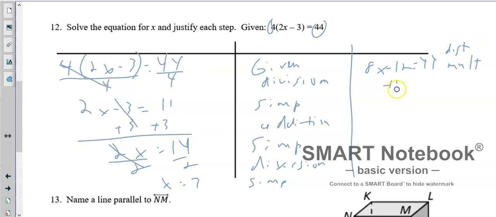And then you'd add 12. Notice here I added 3. It's still the addition property. Then I would simplify it. I get 8x = 56. Divide by 8. That's the division property. And then I'd be right back to x = 7.